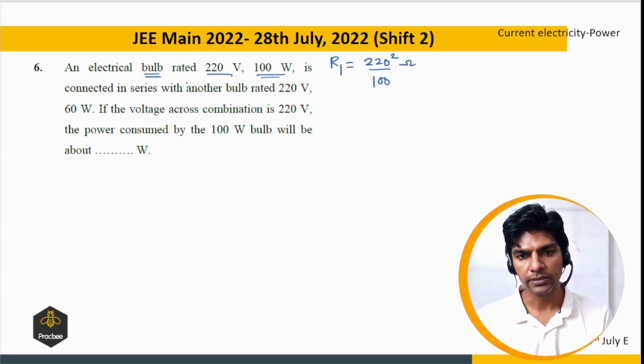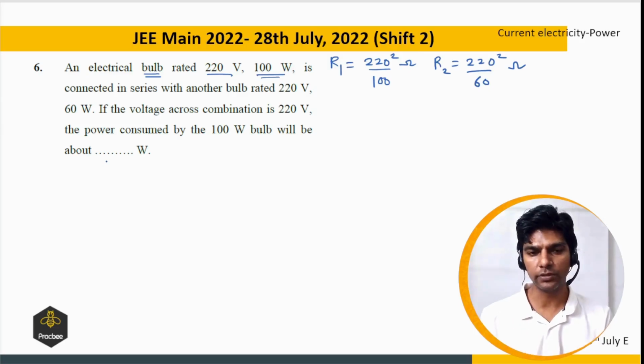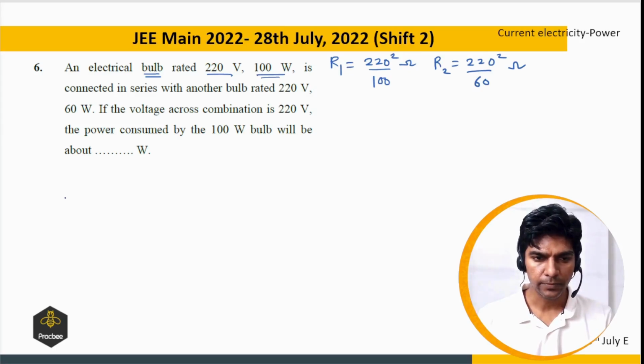Similarly, it is connected in series with another bulb, and the resistance of the second bulb will be 220 square divided by 60. Now, if the voltage across the combination is 220 volt, we have to find the power dissipation in the bulb of power 100 watt. So let us see.